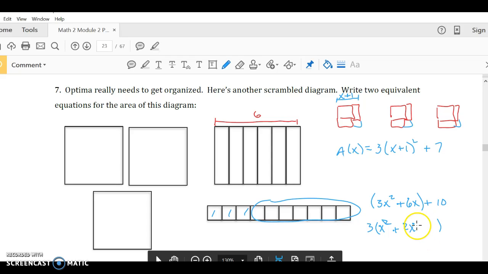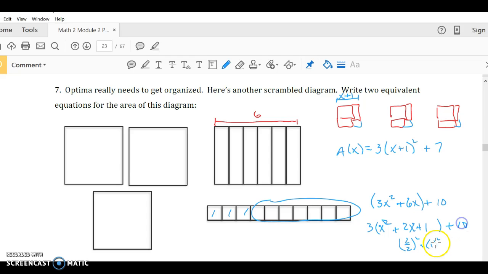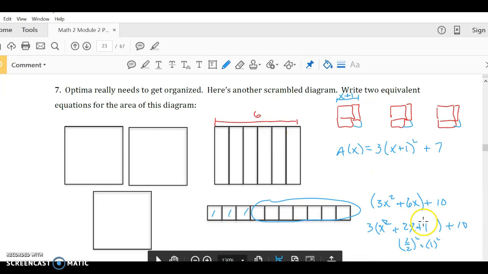So what do I have to add here to complete the square? Take half of b and square it, which gives me 1 squared, which is I'd have to add 1. But remember, adding 1 here, when I redistribute to 3, how many did I truly add?